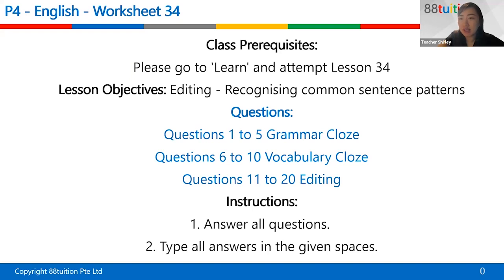Grammar cloze is a 10-mark question in your Section B as well, but that comes with helping words, okay? Now, your vocabulary cloze falls under Section A. It's a 5-mark question, and you're supposed to choose the options like MCQ that best fit the context of the story or the text itself.